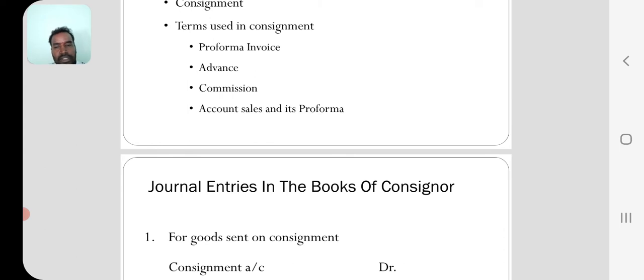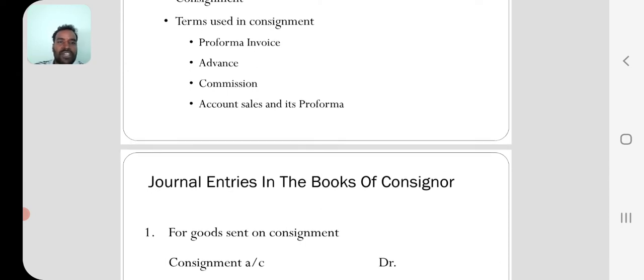Advance. The consignor will receive some amount or some money from the consignee in the form of an advance. Why? Because for safety purposes, the consignor will charge some amount from the consignee. Later he will return that advance to the consignee.